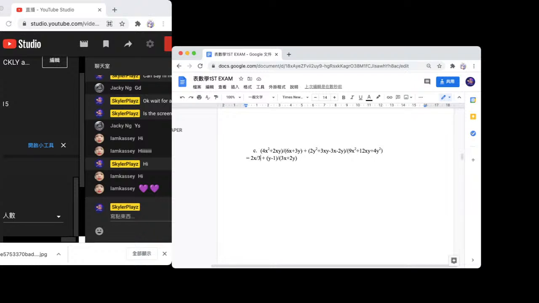We just do this calculation, and we can make the denominator the same. So we can get 2x times 3x plus 2y minus y plus 3y minus 3 here.